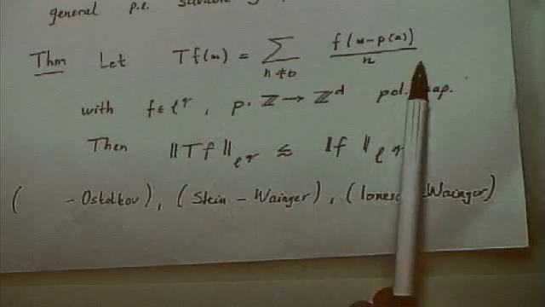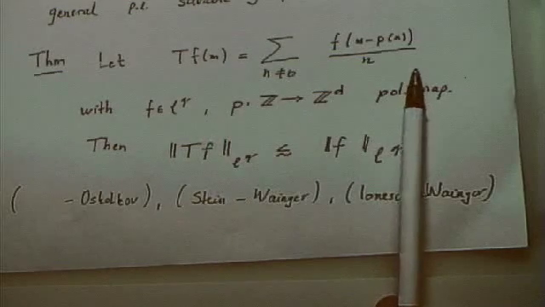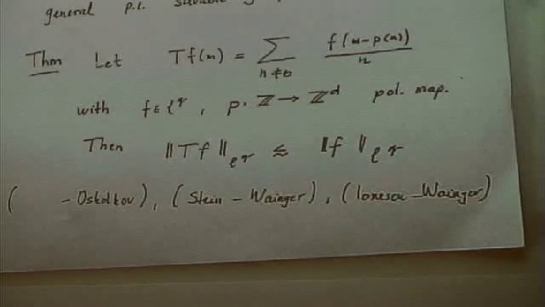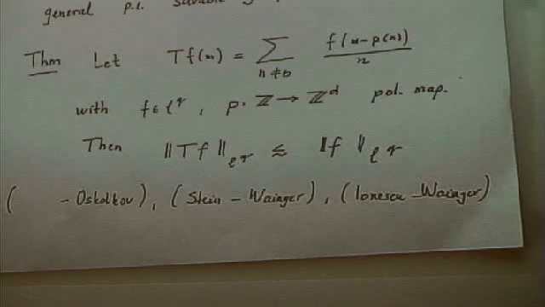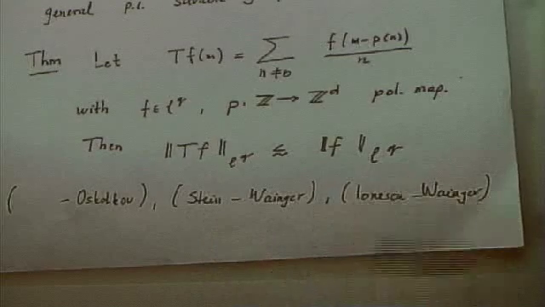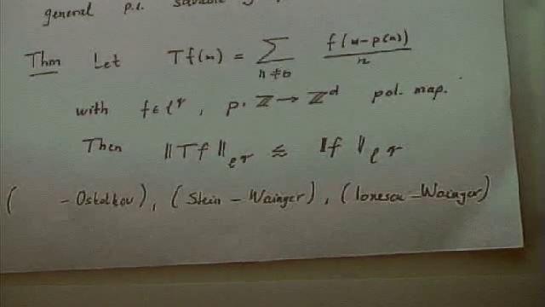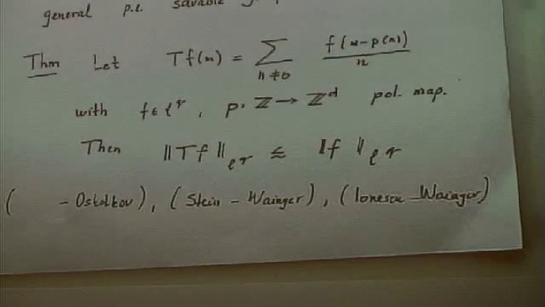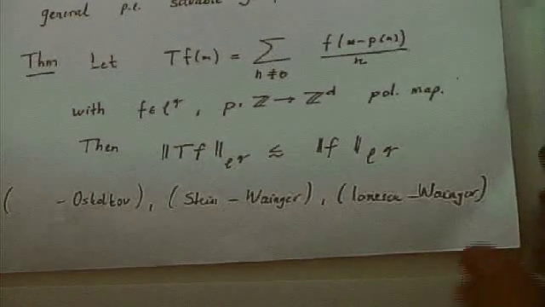Proving boundedness of such operators, I think, started with the work of Arkhipov and Oskolkov, roughly the same time Bourgain proved his maximal theorem, and then Stein and Wainger extended it, but the general result was just done by Ionescu and Wainger about, I think, 2005. So somehow the proofs don't follow from each other in an obvious way.